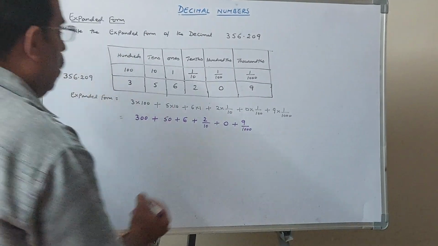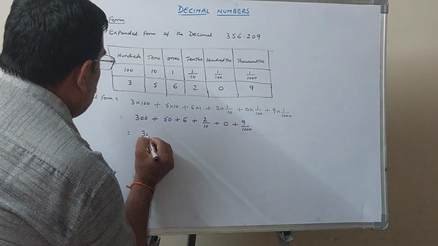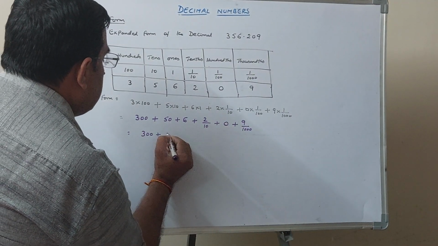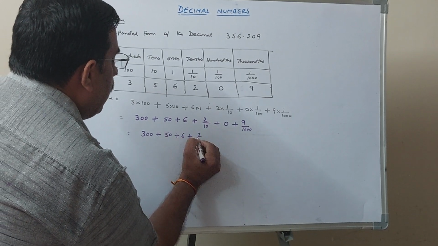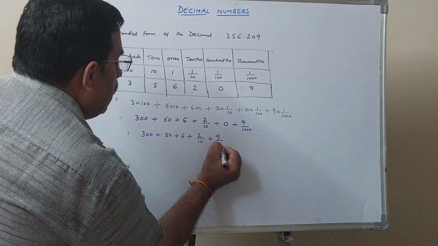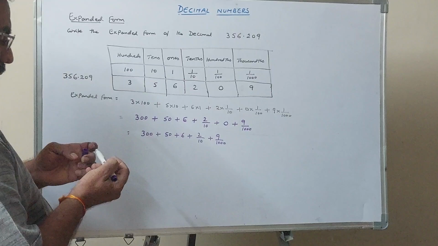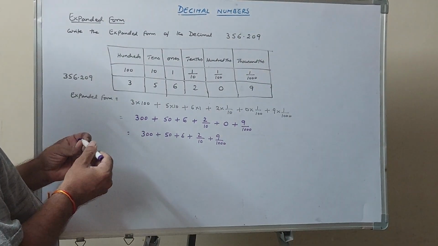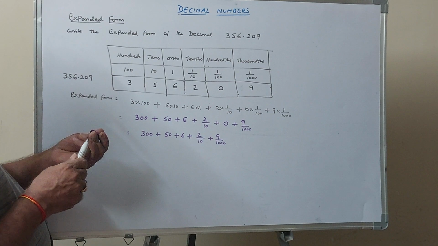You can leave it like this, or you can write it as 300 plus 50 plus 6 plus 2 by 10 plus 9 by 1000. So this is the way of writing the expanded form. Okay?